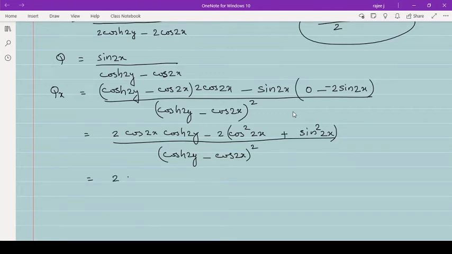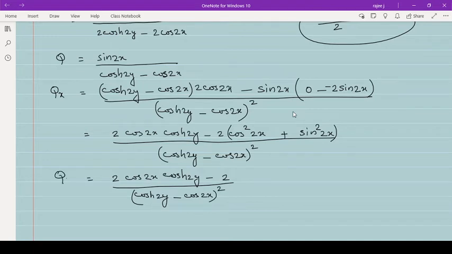So this is 2 cos 2x cosh 2y, then minus (cos²θ plus sin²θ is 1). So this becomes 1. So minus 2 divided by (cosh 2y minus cos 2x) the whole square.